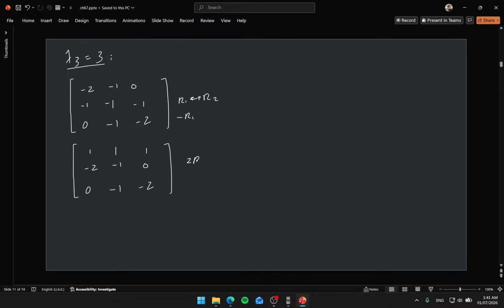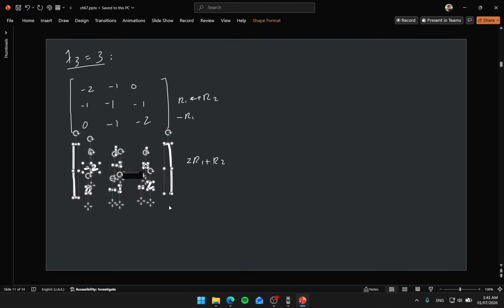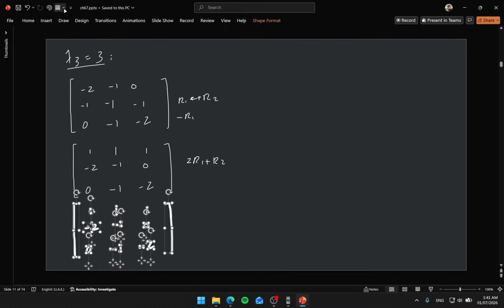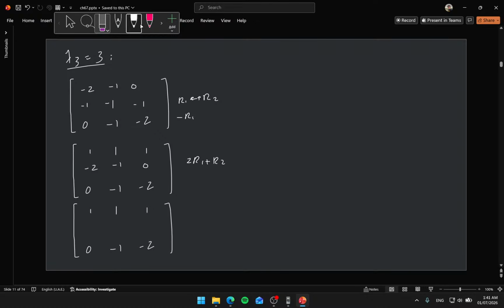Next you do 2R1 plus R2. R1 plus R2, so that's 0. 2 times 1 plus negative 1 is 1. 2 times 1 plus 0 is 2. Then R2 plus R3.